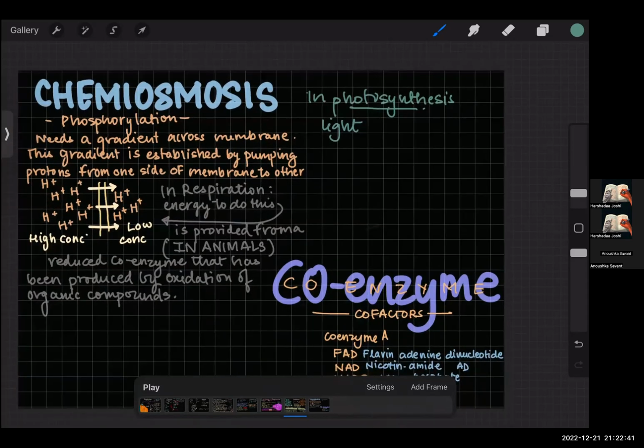So light is the initial source of energy. This is used to excite the electrons.